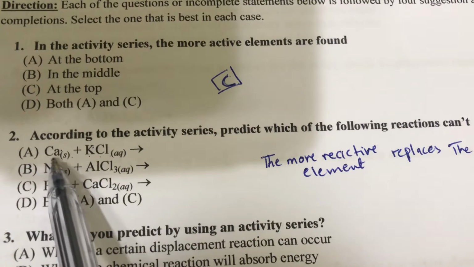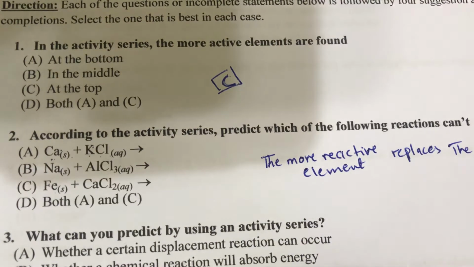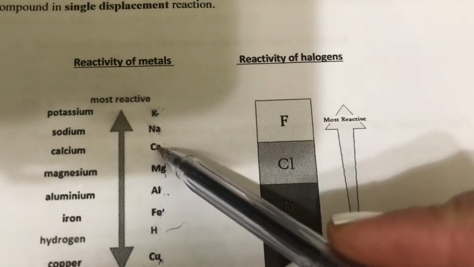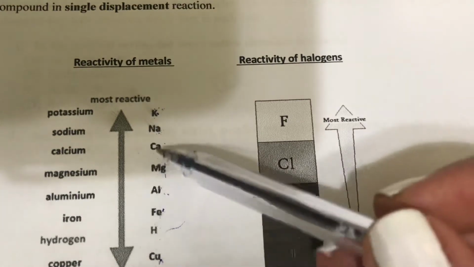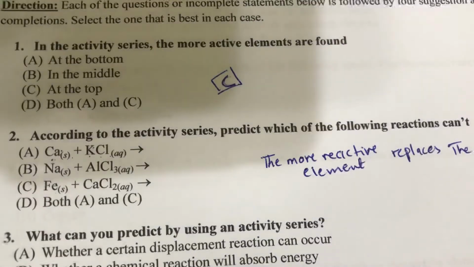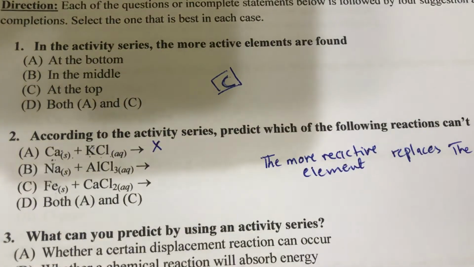Does calcium replace potassium or not? It depends on the activity series. Is calcium more reactive than potassium? No. So can calcium replace potassium? No. So this reaction will not occur.